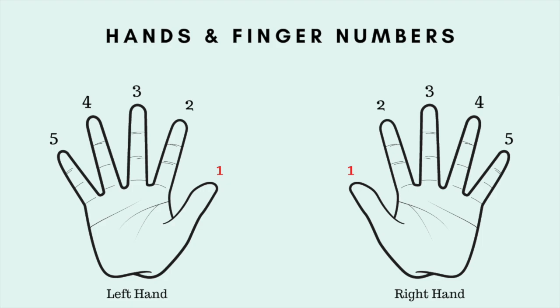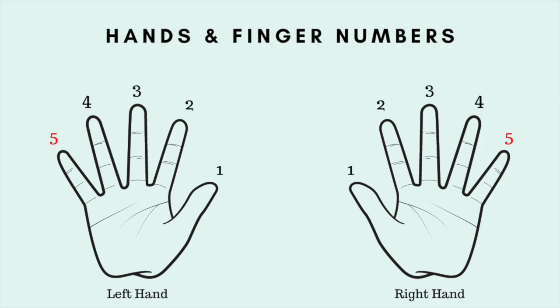So you'll see that you have your right and left hand, and your thumbs are 1, your pointers are 2, your middle finger is 3, your ring finger is 4, and your pinky is 5. So 1, 2, 3, 4, 5. Both are identical for the left and right hand.